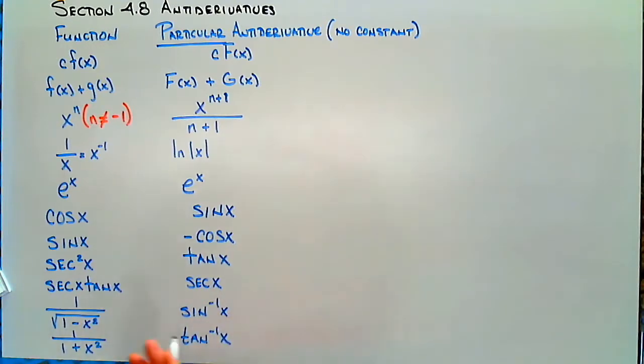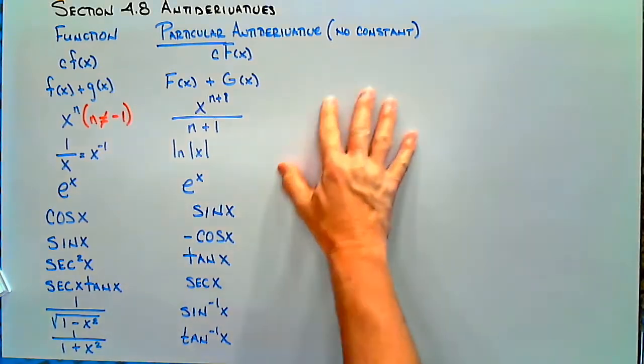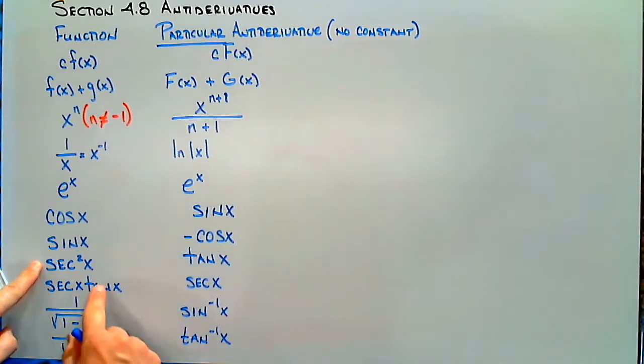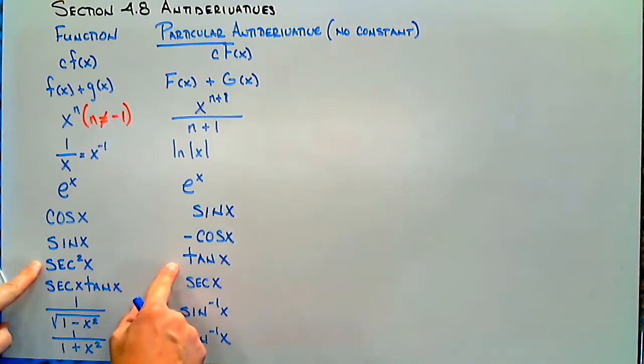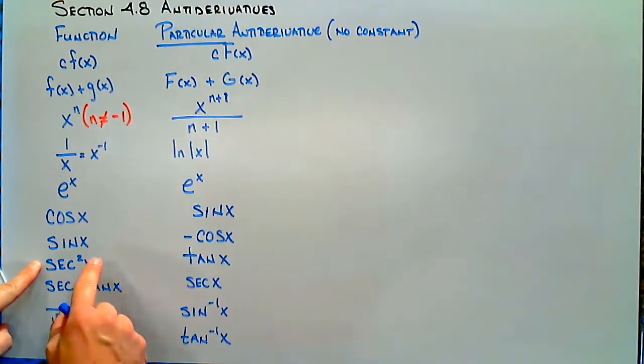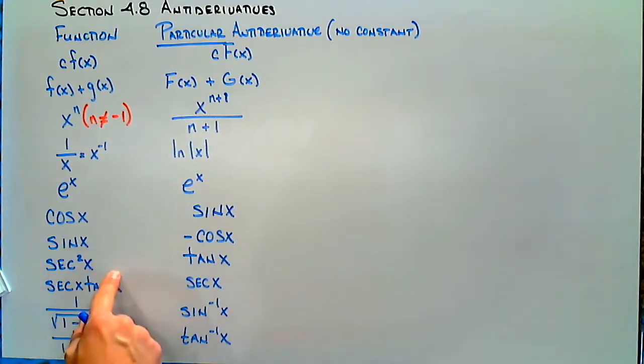Now you'll notice in this table that we've constructed right here, and I'm going to leave this on the whiteboard. I'll work my examples out over here so we can have this to refer back to. But you'll notice that we did not put cosecant squared, and we did not put cosecant x, cotangent x here. And that's because your authors believe that if you can keep track that the antiderivative of secant squared is tangent, then you can probably keep track of the antiderivative of cosecant squared, right?